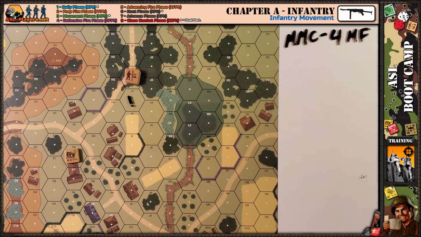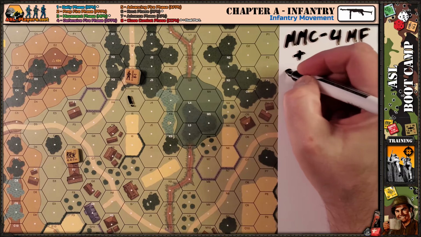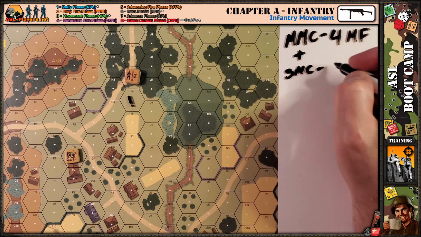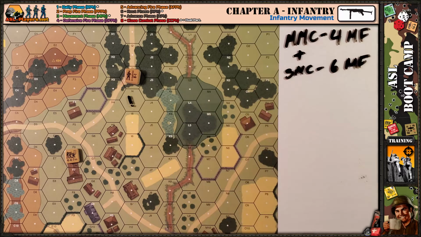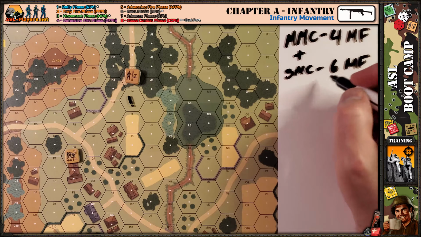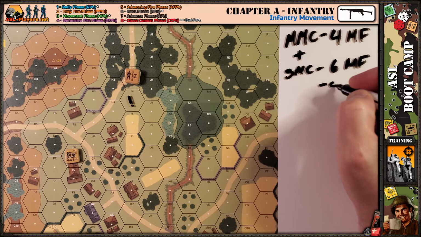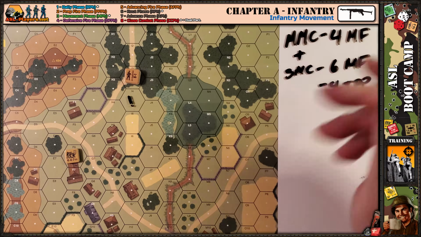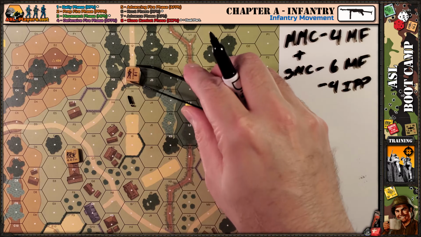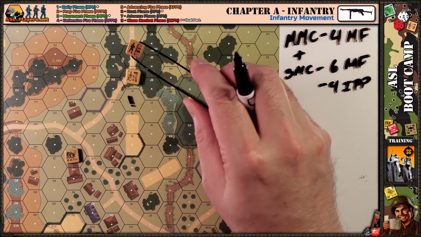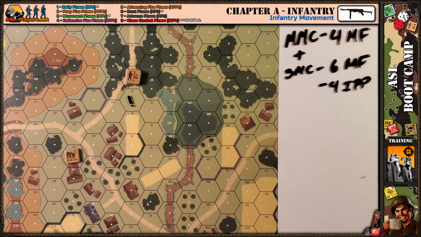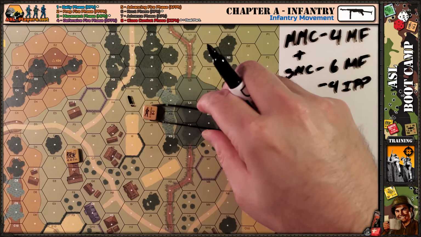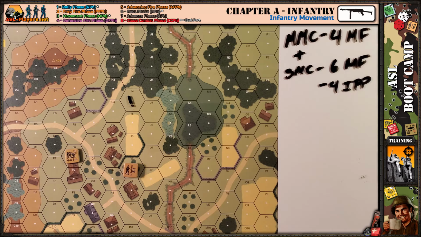Now, their base movement factor, since they're stacked together, like I just said, is 6 combined, and their inherent portage point capability combined is 4, but they're carrying a medium machine gun, which, I'm using air quotes, weighs 5 portage points, so they lose 1 movement factor from their 6, so they can move 5. So they could go 1, 2, 3, 4, 5. They'd have to stop there. Okay.